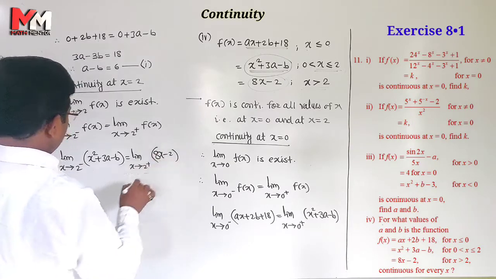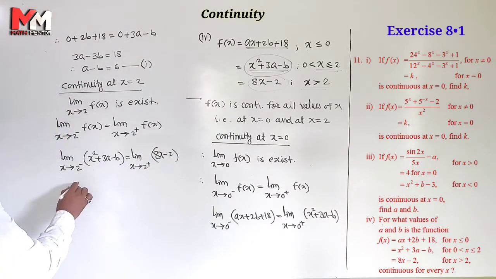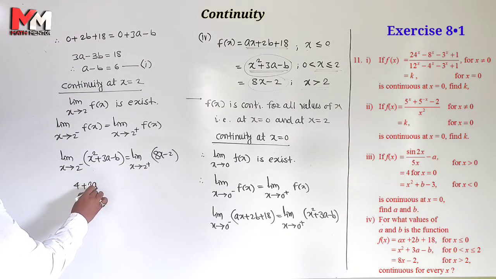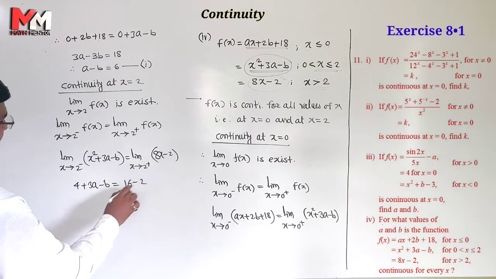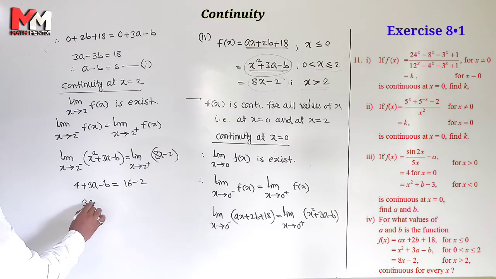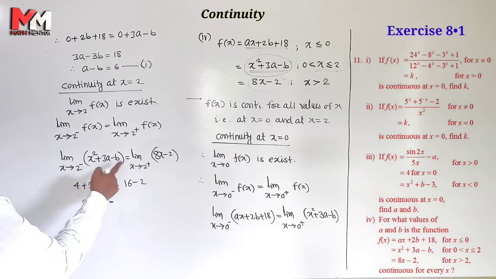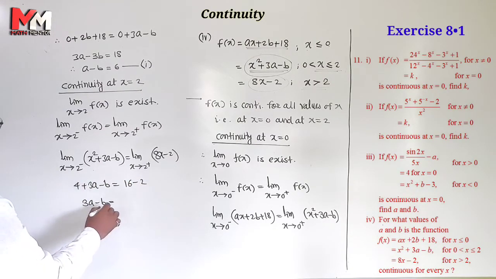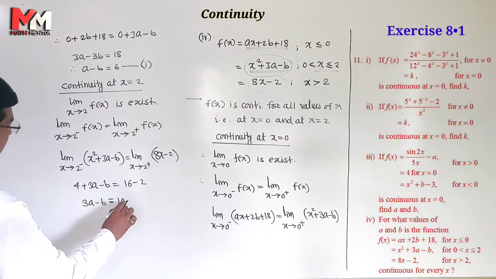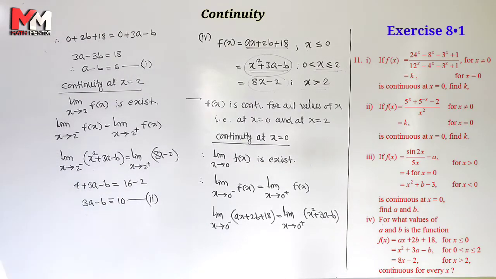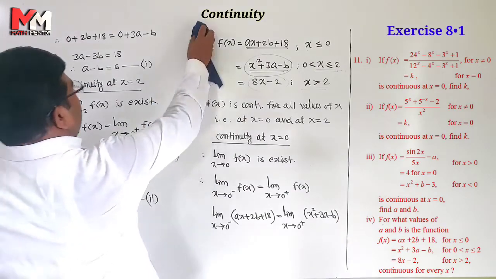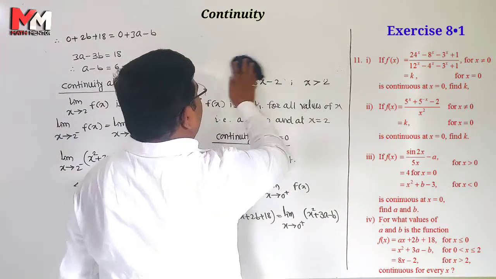So 2 replace करेंगे, 2 square is 4 plus 3a minus b, 8 2s are 16 minus 2, 3a minus b, 4 इधर minus 4, 16 minus 6 is 10, equation second. Now these two equations are simultaneous equations.